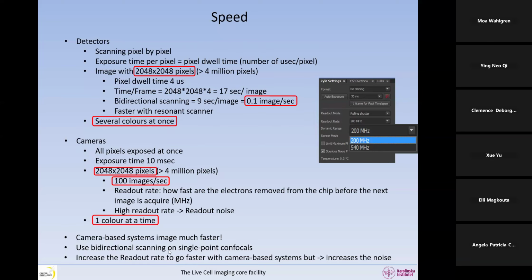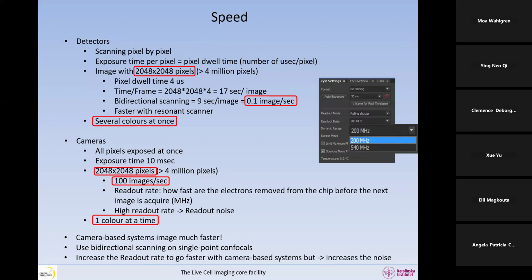And if you can use bidirectional scanning on a single point confocal, do it. Sometimes the lines are slightly misaligned, and there is a way to align them. So depending on your scientific question and how precise you need to be, sometimes you can go bidirectional, and that's good enough.